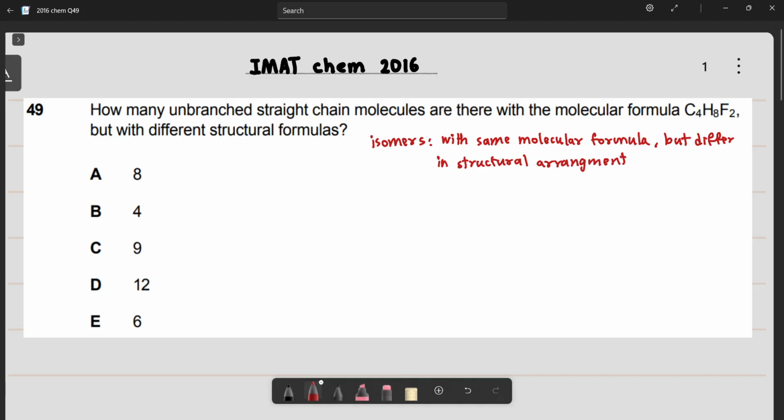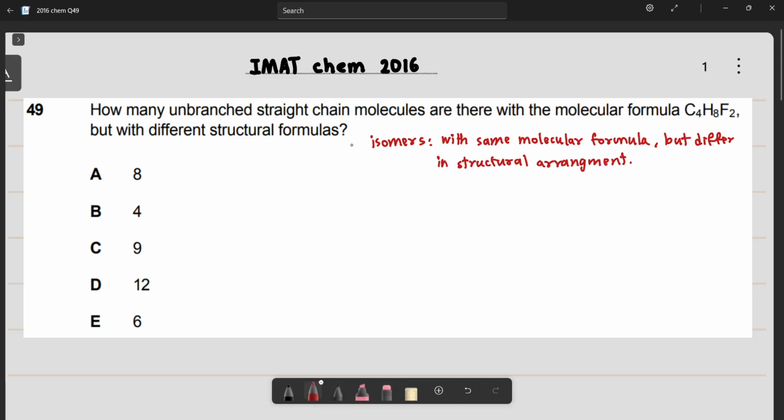Basically they all have the same molecular formula, but they differ in the connectivity, which is the structural arrangement. Some can be branched, some can be straight chain, but they must have the same formula, which we are given as 4 carbons, 8 hydrogens, and 2 fluorine atoms.